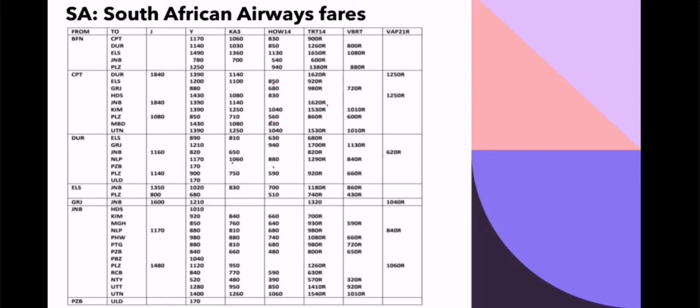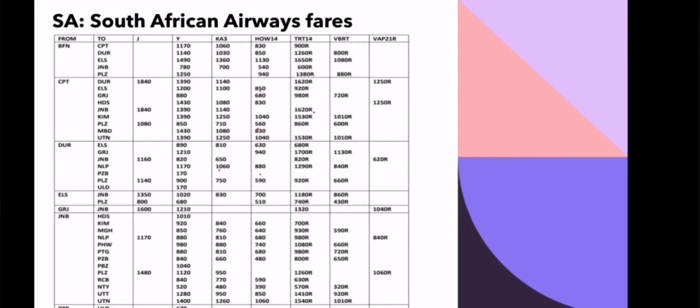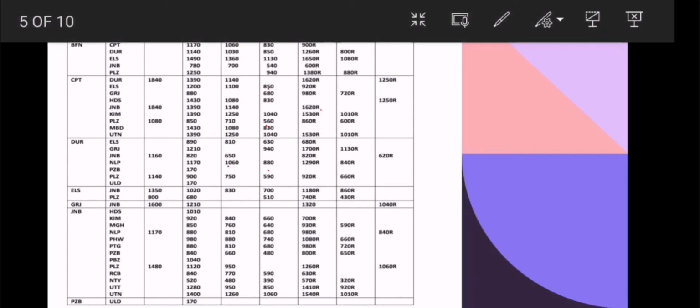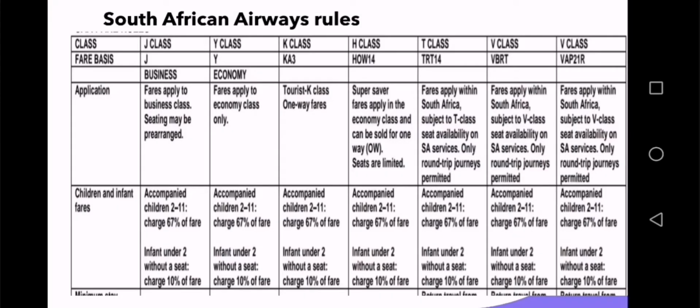But before you make that choice to calculate the fares, you now have to go and consult your rules for SAA. Now, when you look at your rules for South African Airways, they are also structured similar to how they structured their fare handouts.